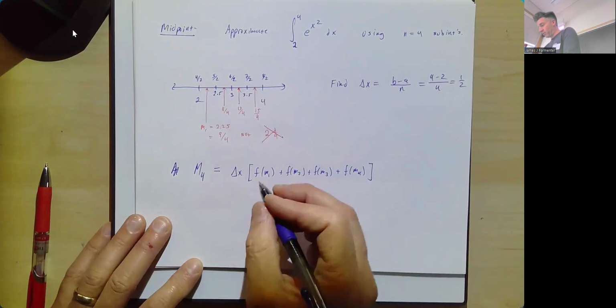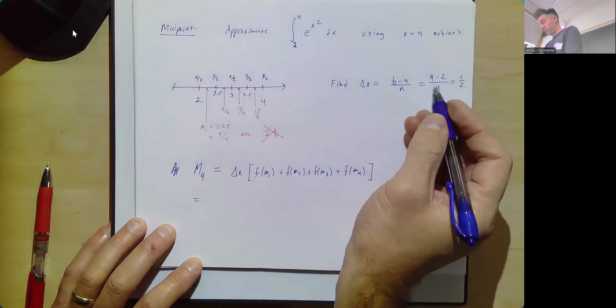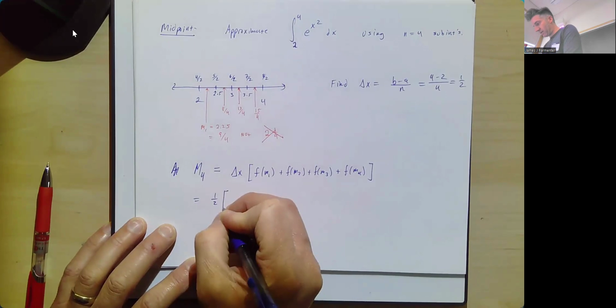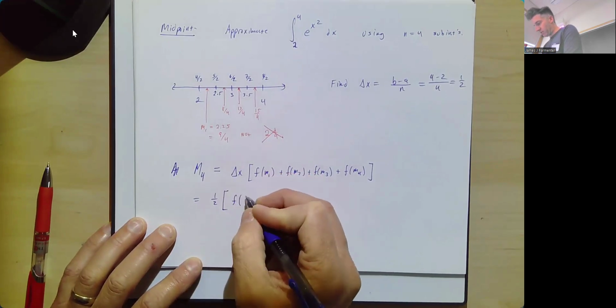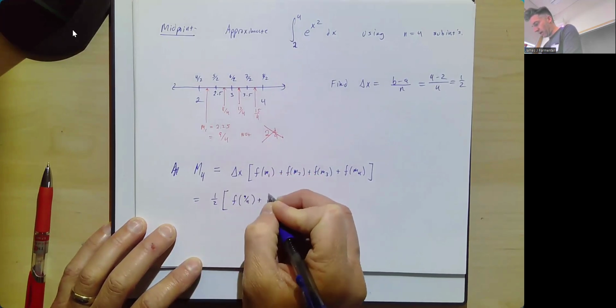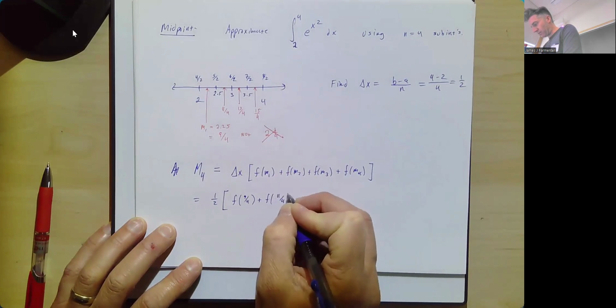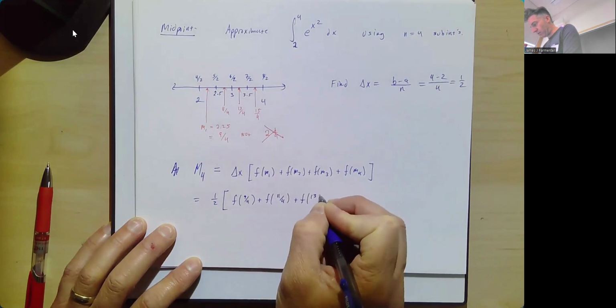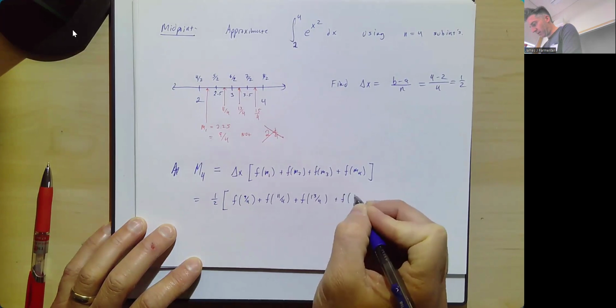In this particular example, that's going to be delta x, which we found to be 1/2, times f of 9/4 plus f of 11/4 plus f of 13/4 plus f of 15/4.